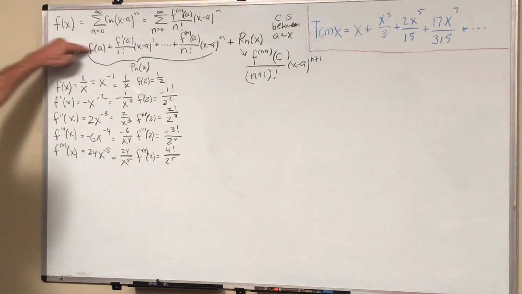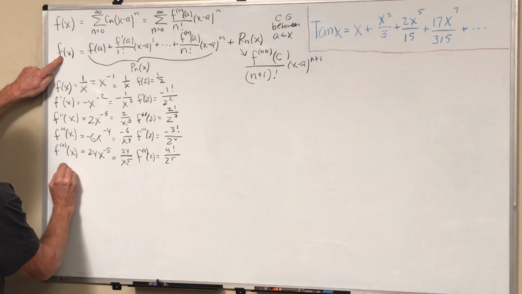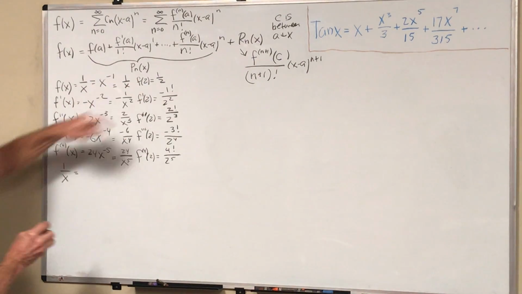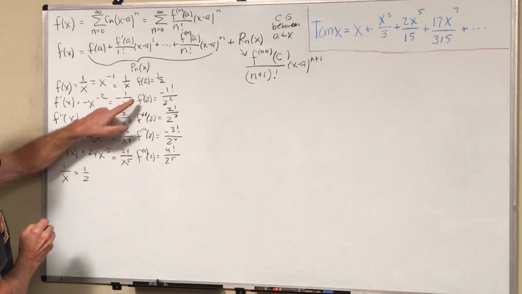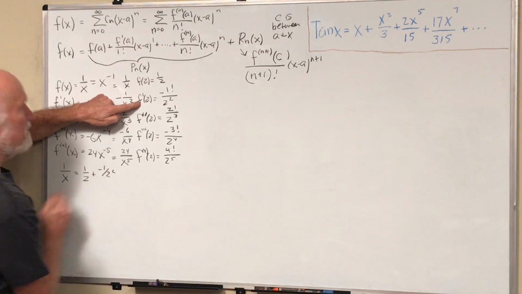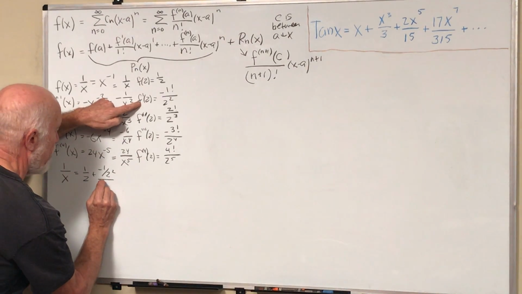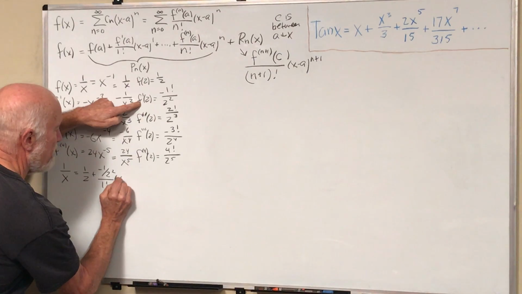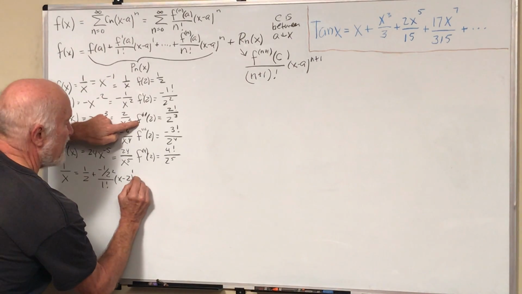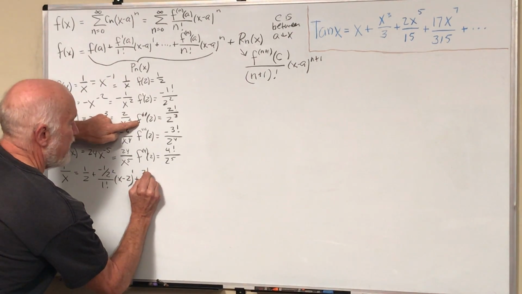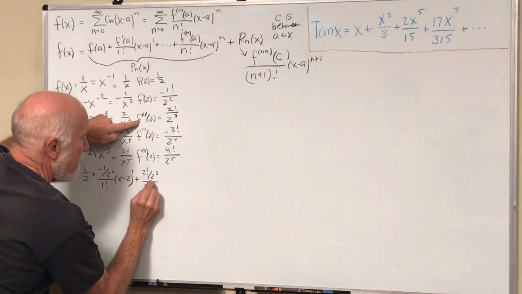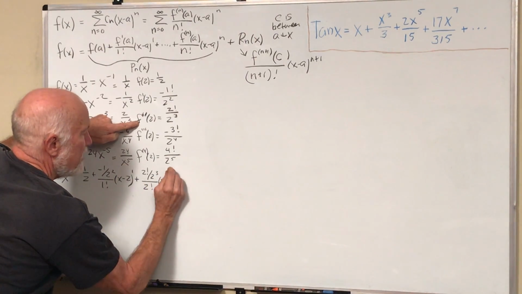So now when I go to use Taylor's formula, I say f of x equals, and now the first term is f of 2, 1/2, plus f prime of 2 over 1 factorial times x minus the center 2 to the first power. Then plus the second derivative, 2 factorial over 2 cubed, all over 2 factorial times x minus 2 squared.